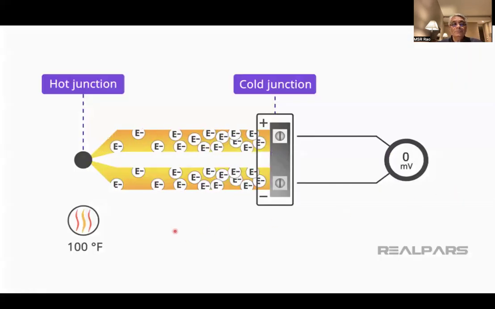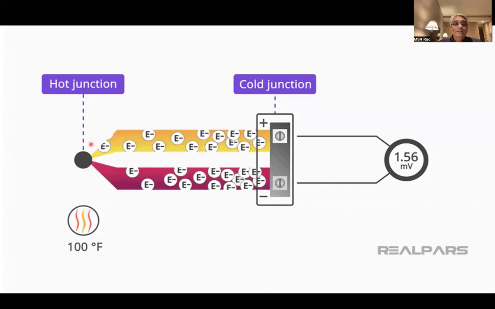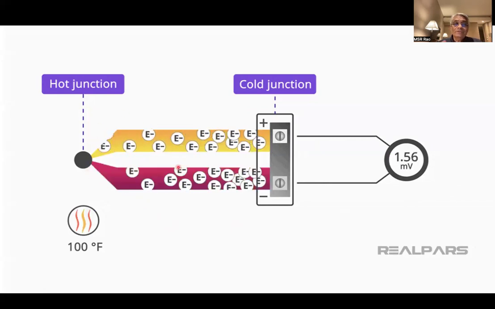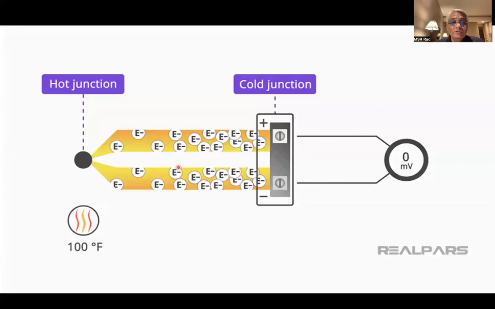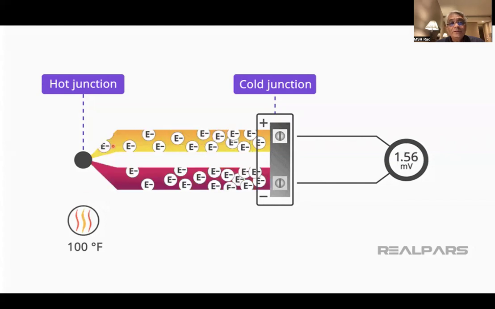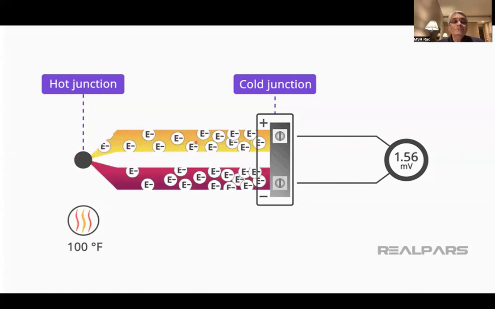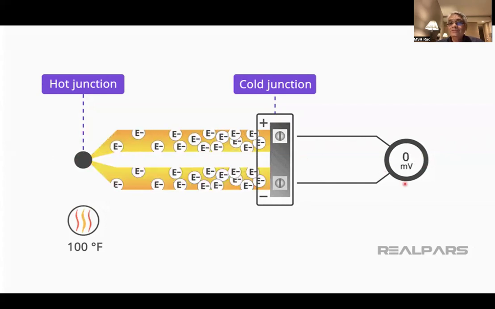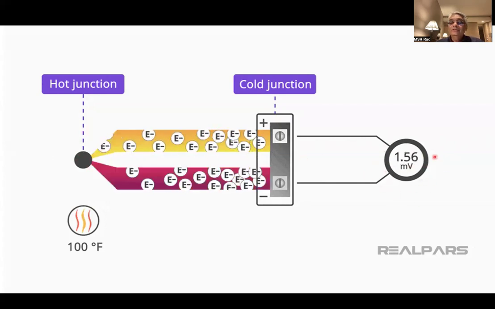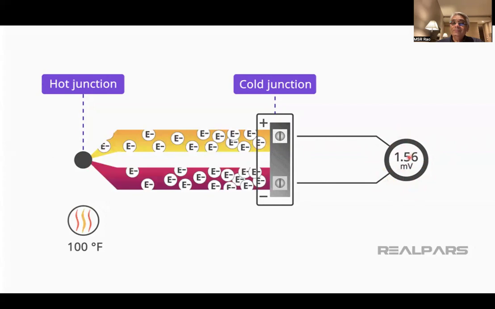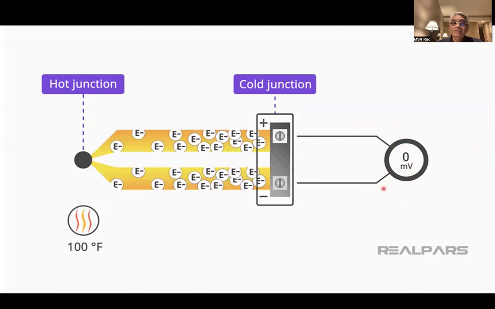This is a small animation to show that when you have two dissimilar metals having two different work functions, that is important. The electron flow in both the arms is different, and that is the reason why you get a definite change in EMF, or a significant EMF is produced.